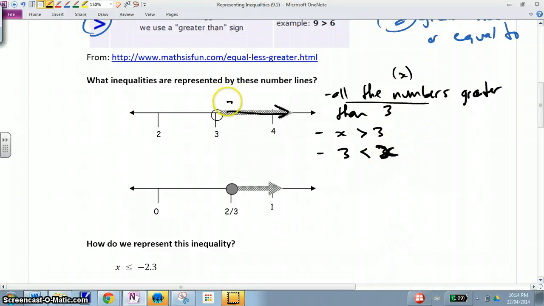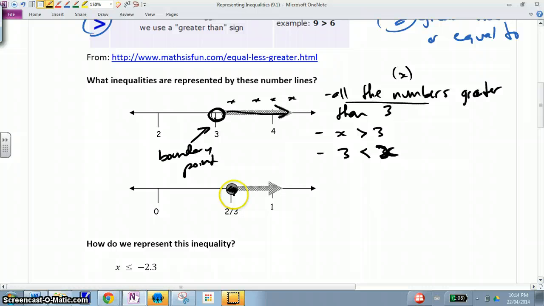Because x could be 3.1, x could be 3.2, x could be 4, x could be 5. So this x value, whatever it is on that line, is greater than 3, or 3 is less than x. Notice that was an open circle, or that boundary point was open on that graph.